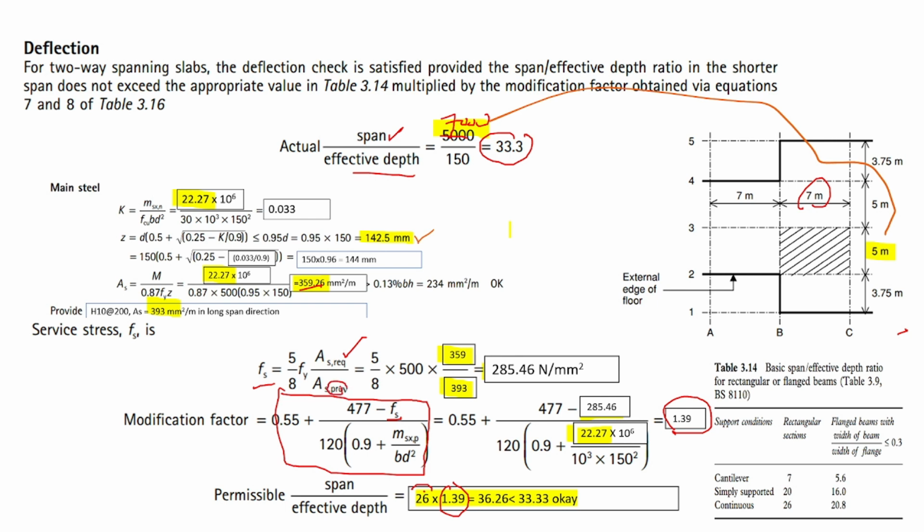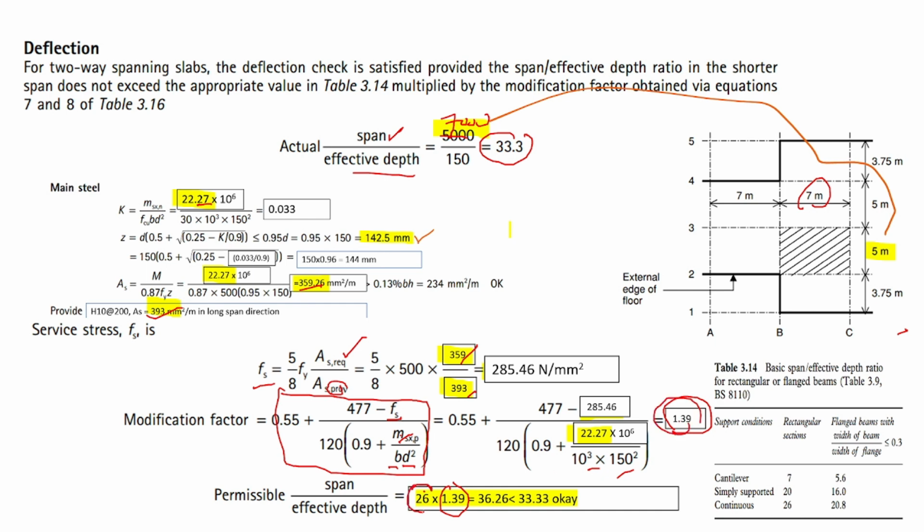What we provide is 393. The one that we have provided is 393, and 359 is the one we required or calculated. Moment is the moment that we use for the critical side, which is the biggest one, 22.27. Then you have your B is 1000, D is 150. Just substitute it here to get this modification factor of 1.39.